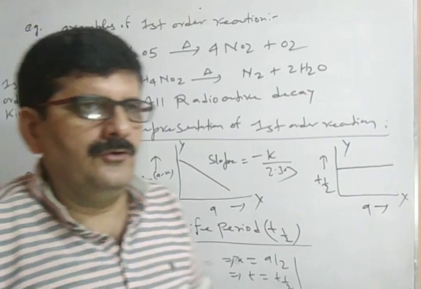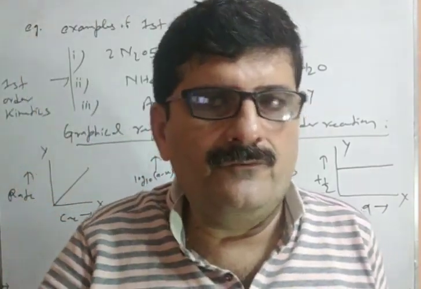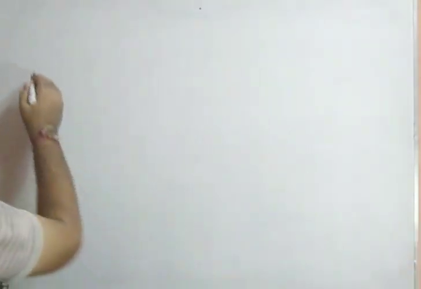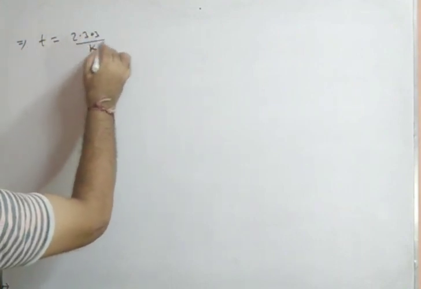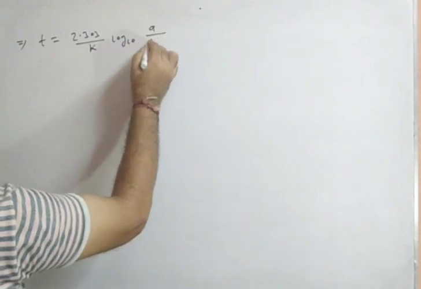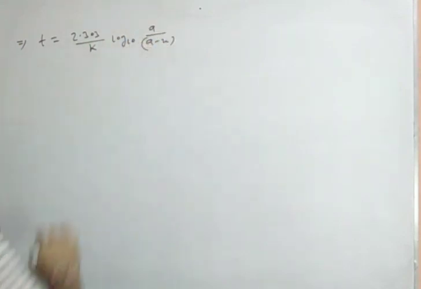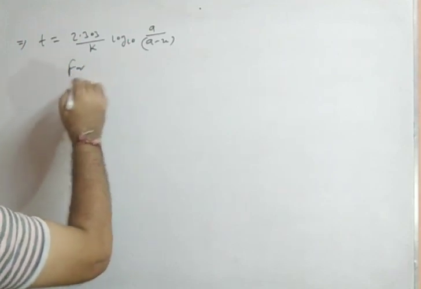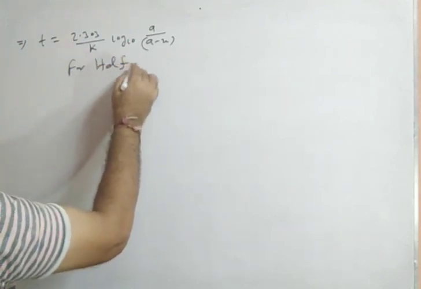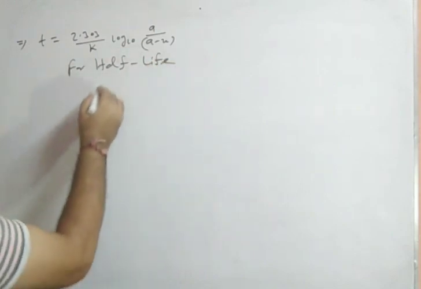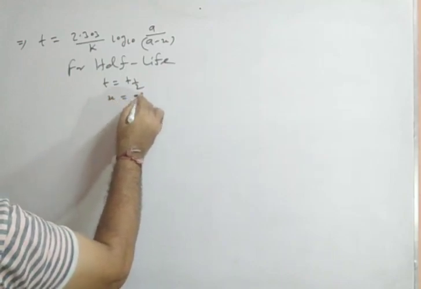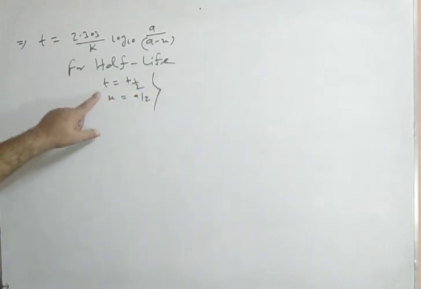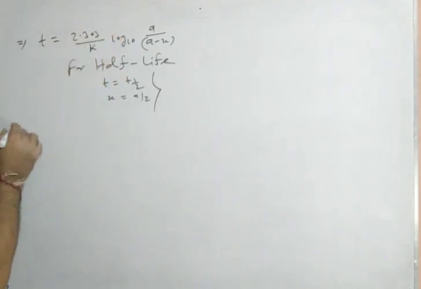Putting such values in our initial expression for first order reaction. From first order reaction, we know that t is equal to 2.303 by k log base 10 a by a minus x. For half-life, t is equal to t half and x is equal to a by 2. Putting such values in the above expression, we get what?